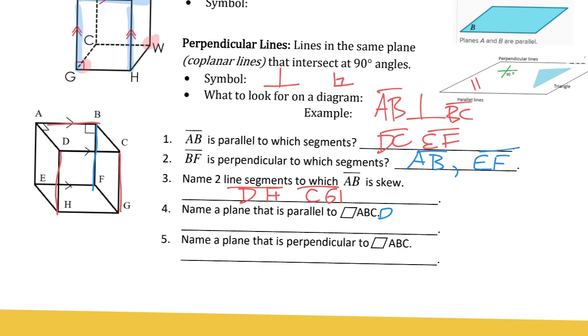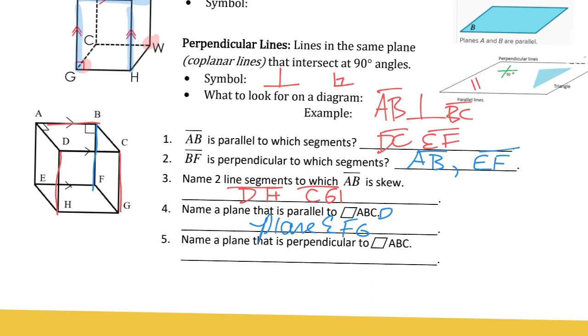Because you see that AB is parallel to EF, we know the planes will be parallel as well. So I'm going to write plane EFG. I could have said quadrilateral EFGH as well, but most formal would be plane EFG.